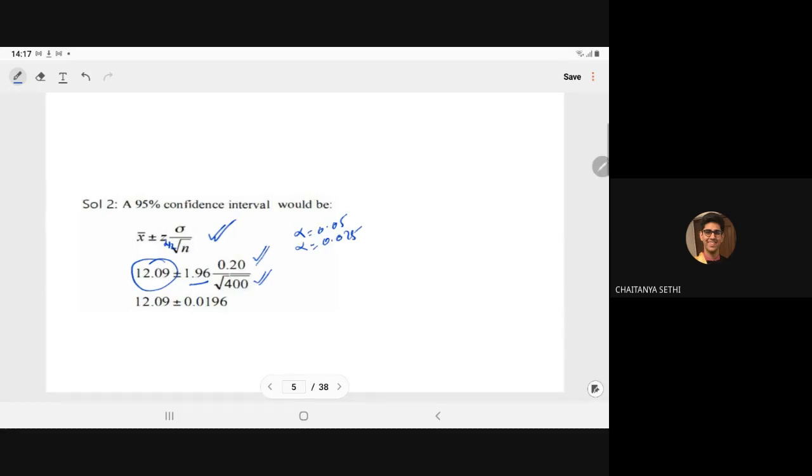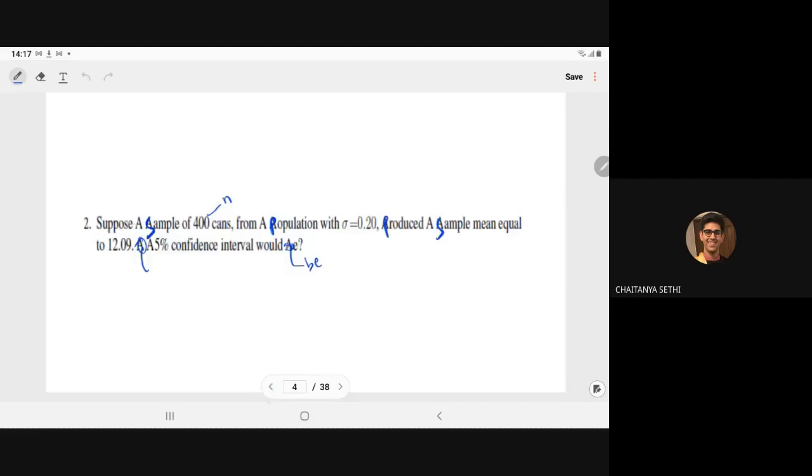So this is the confidence interval in which the true mean will lie.